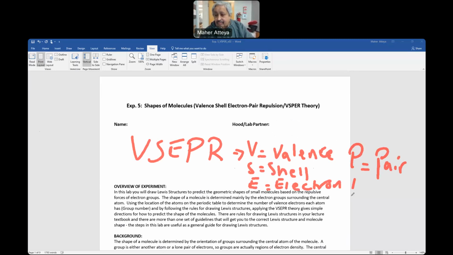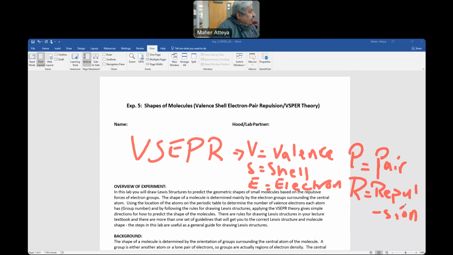And R for repulsion. So this is the valence shell electron pair repulsion procedure or method.